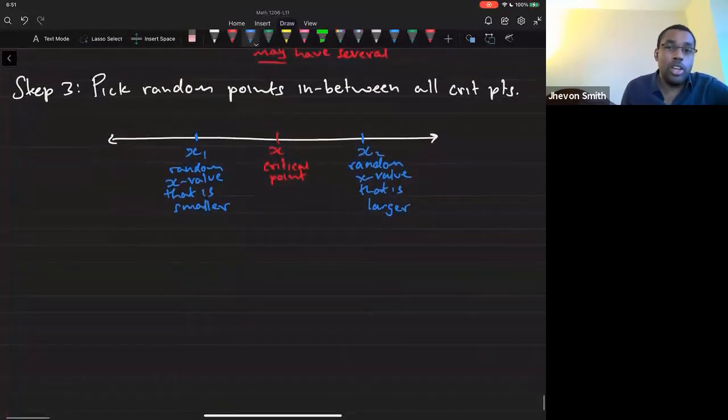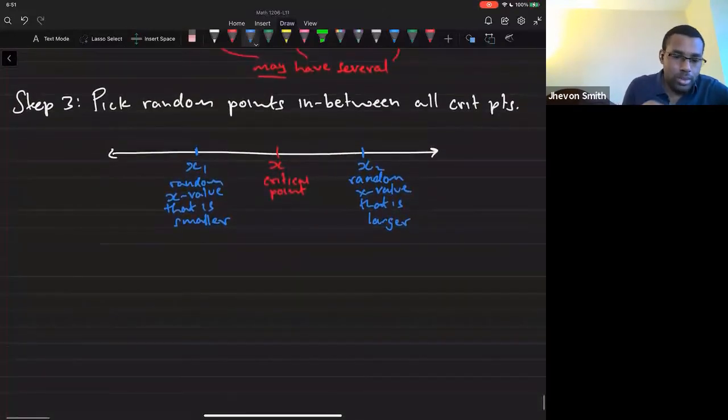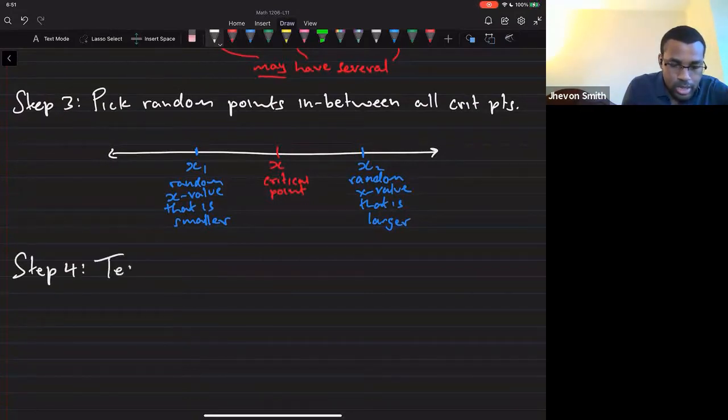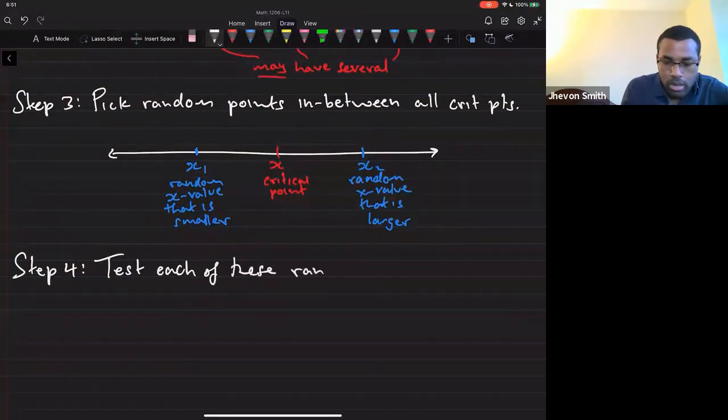Now, step 4, you're going to test each of these random numbers.